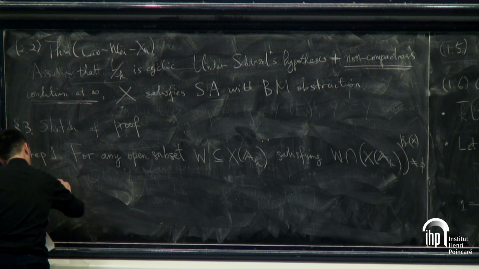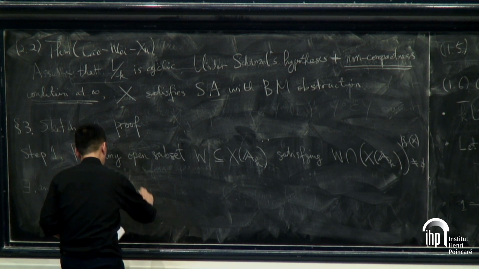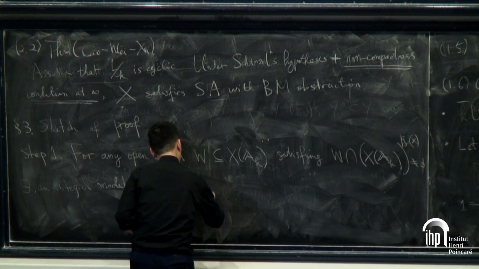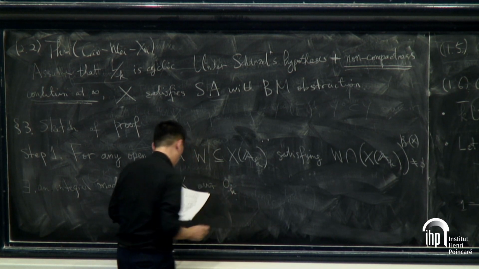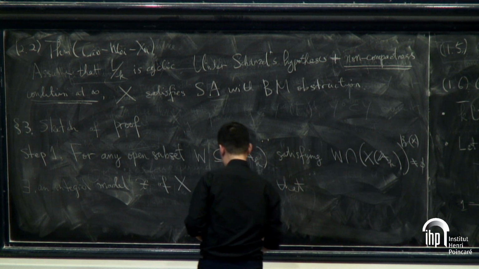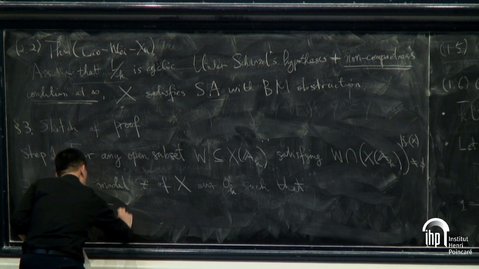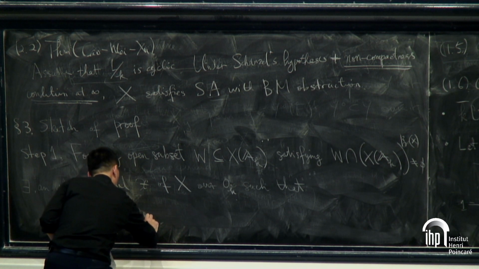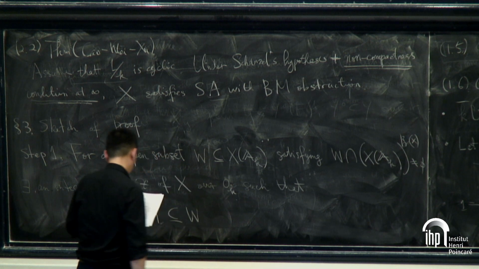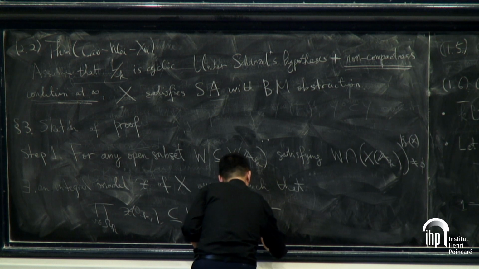Then I know there exists an integral model 𝒳 of X over the ring of integers, such that the points in this integral model lie in the open subset W, and also this is non-empty.